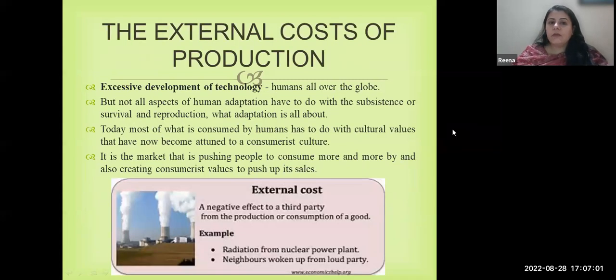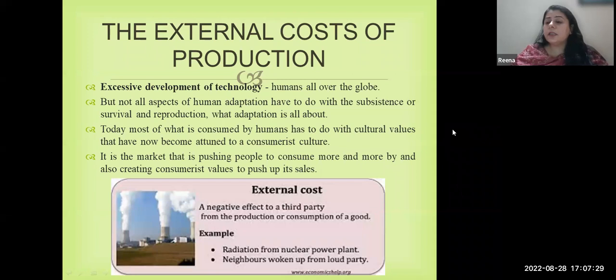So again, there are external costs of production and development projects. It is basically a negative effect to a third party from the production or consumption of a good. For example, radiation from a nuclear plant. When a nuclear plant is set up, you ought to have a radiation impact on the environment, but that will be to people and masses who are not even aware of those radiation impacts.